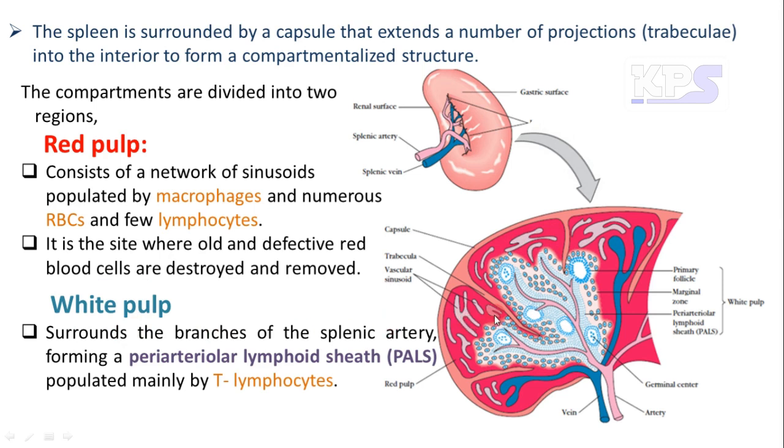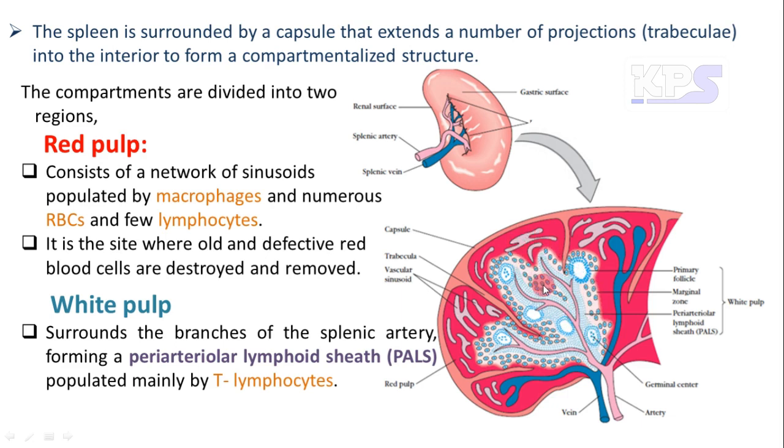The next part is the white pulp, which surrounds the branches of the splenic artery. I told you there is an artery, namely the splenic artery, which enters the spleen and divides into a number of branches within the spleen.